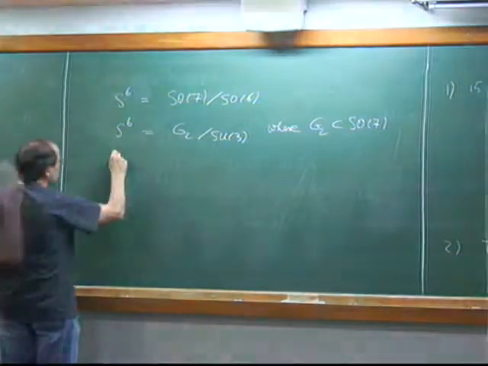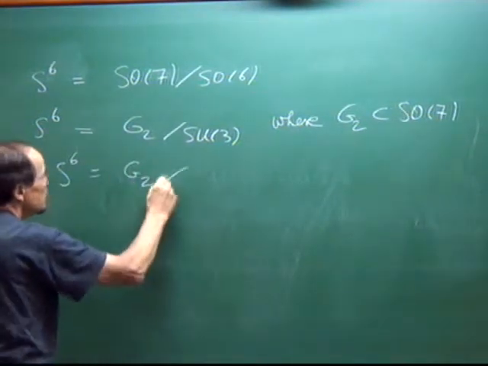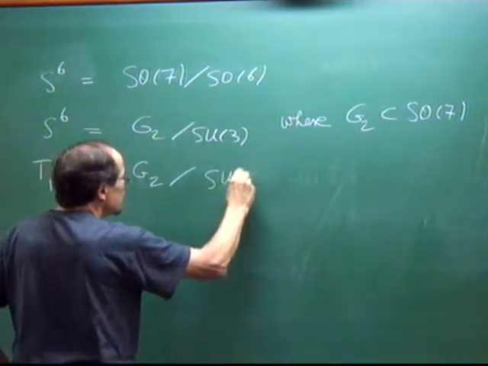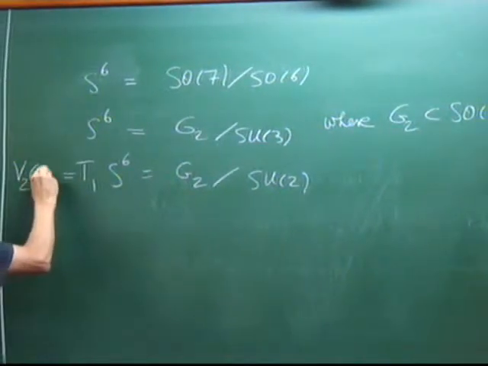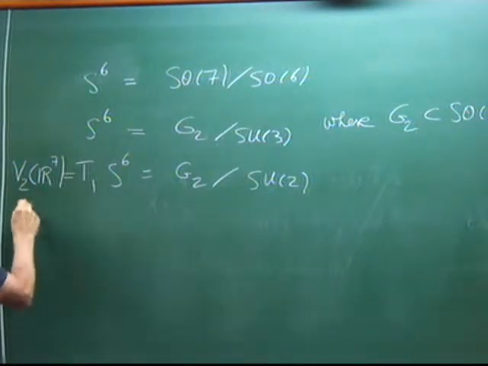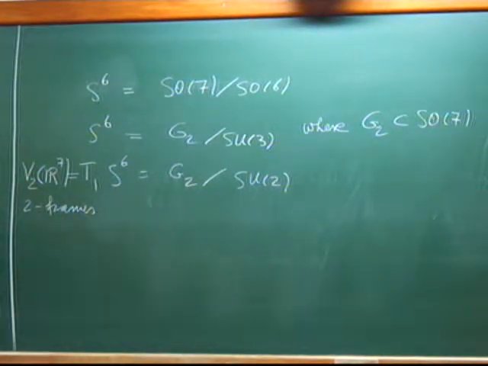So that's one equation. Another equation is that if I look at the unit tangent bundle of S6, this is G2 mod SU2. I can also regard this as what I call the two frames in R7, so two orthogonal unit vectors. What is this here?